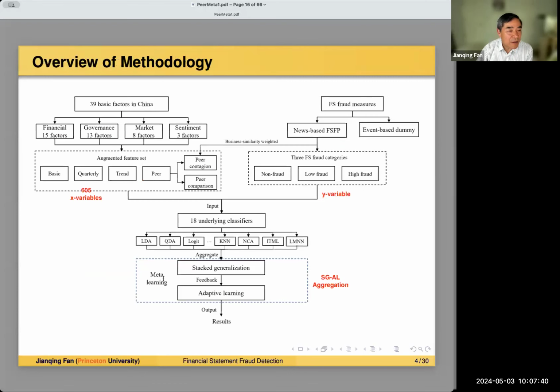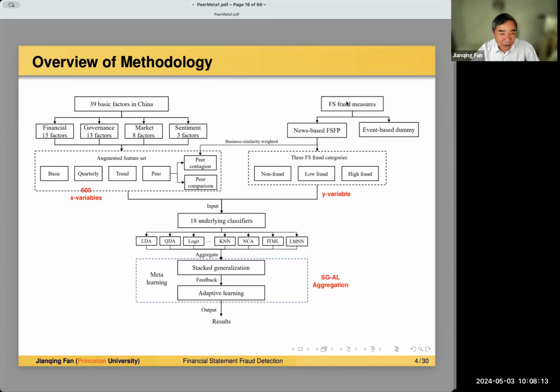Now, in terms of results, this is an overview of the methods. It is based on 39 basic risk factors. Among those, 15 are financial factors, 13 are governance factors, 8 are market factors, and 3 are sentiment factors. Based on these basic factors, then the time trend compared with the last time period, and comparison with the peer and the quarterly data, we create 605 X variables.